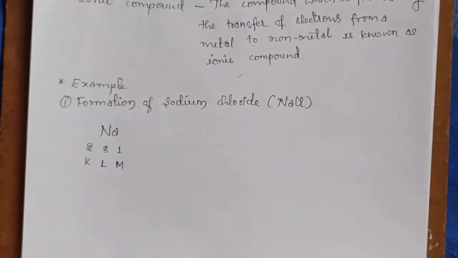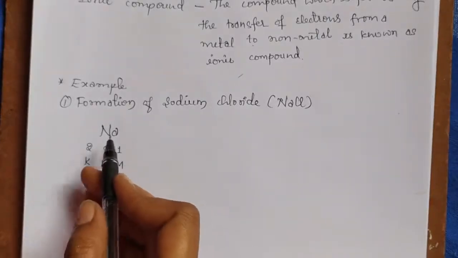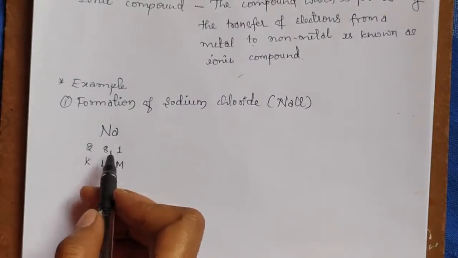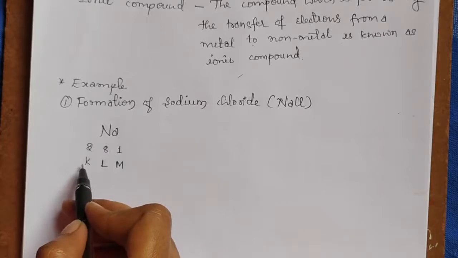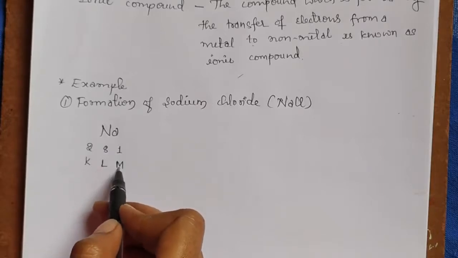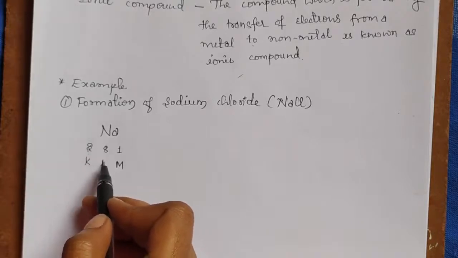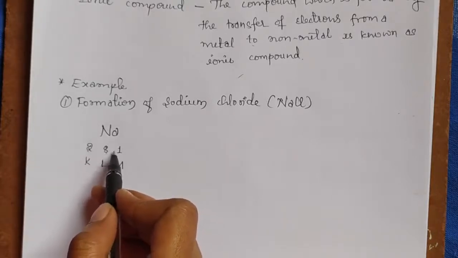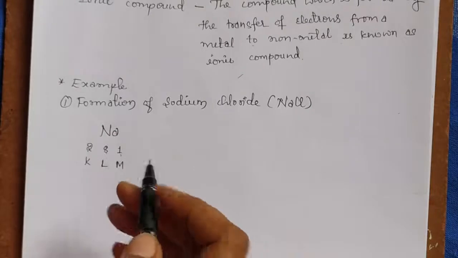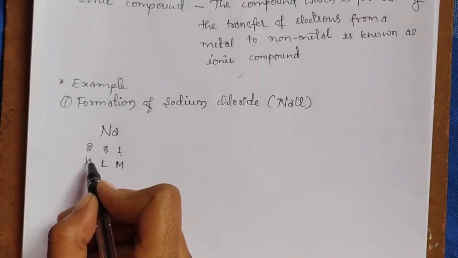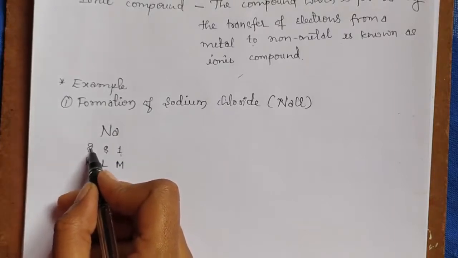Here sodium has 11 electrons, distributed in different shells K, L, M. In the K shell 2 electrons are placed, in L 8, and the remaining 1 electron is placed in M. The K shell can accommodate a maximum of only 2 electrons, therefore only 2 are placed.